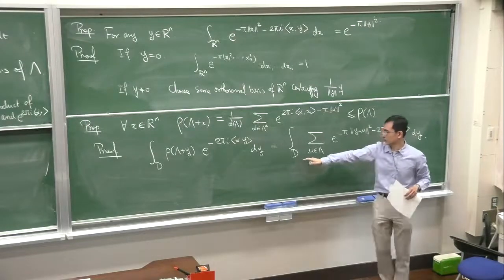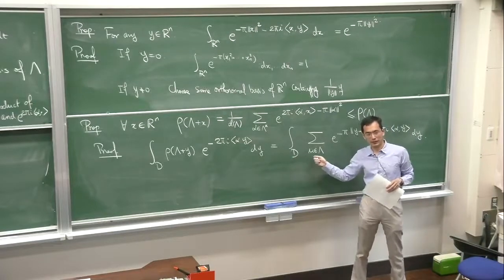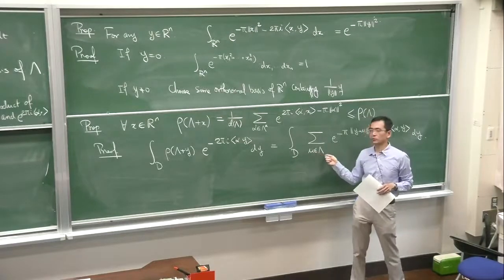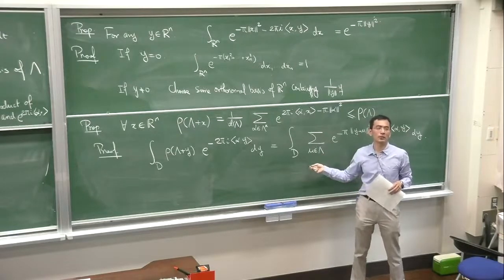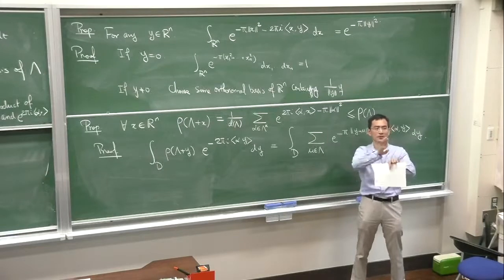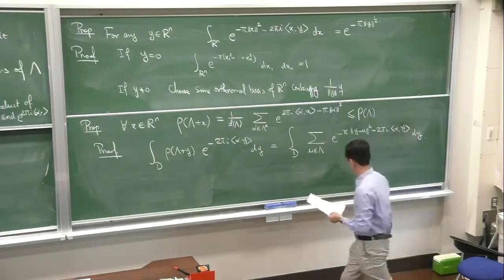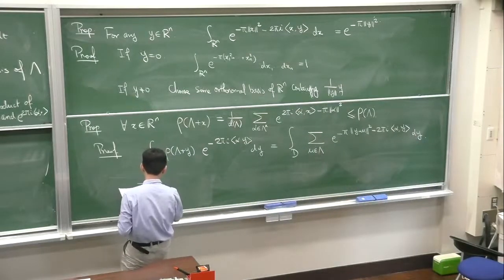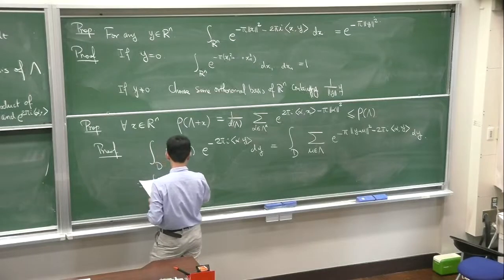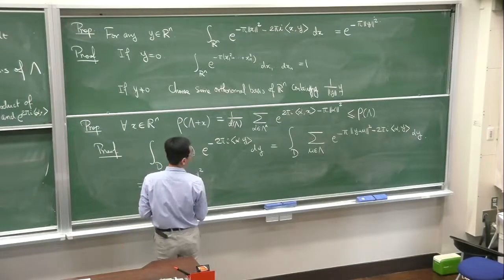And then if you compute the integration over some fundamental domain, then a sum over lattice points, that will give you the integration over R to the power n, because you are integrating on each translation of the fundamental domain. So then you will find the integration over R to the power n of e^{-pi norm of x squared minus 2 pi i alpha x}.